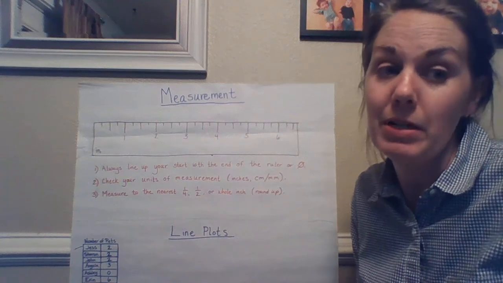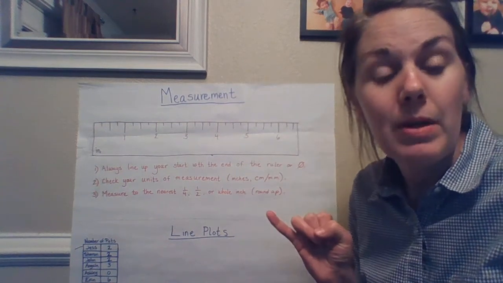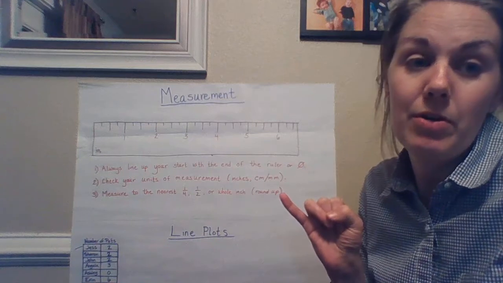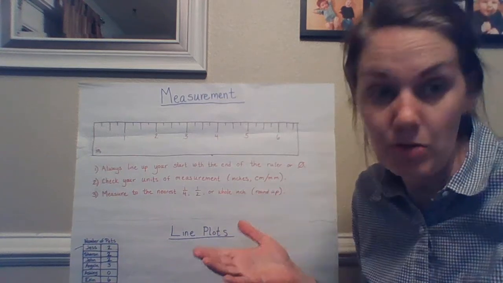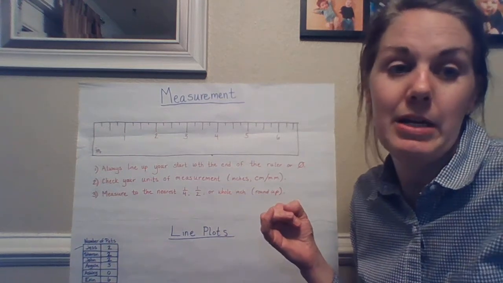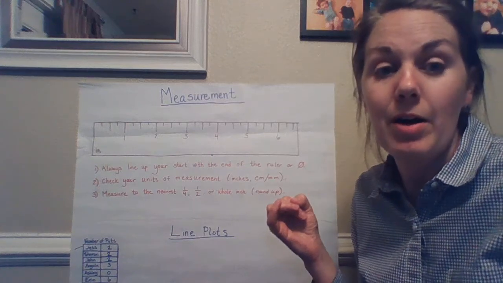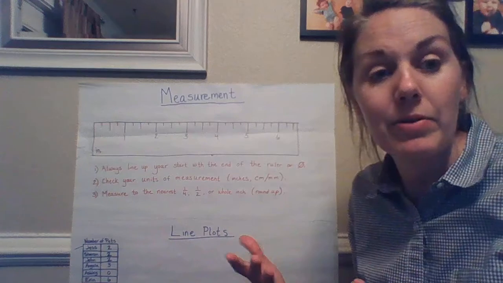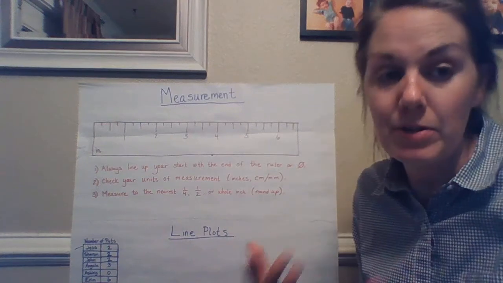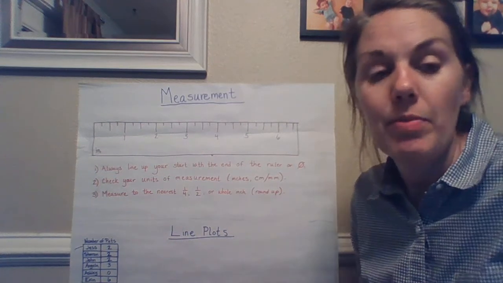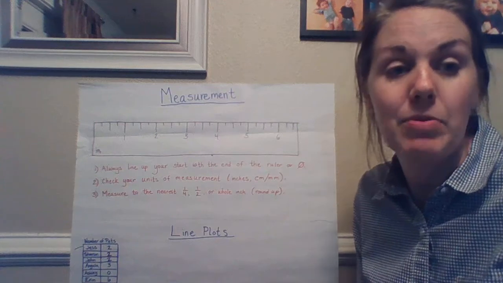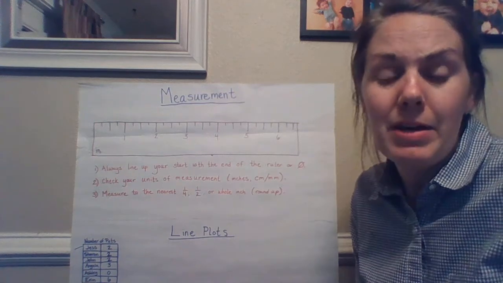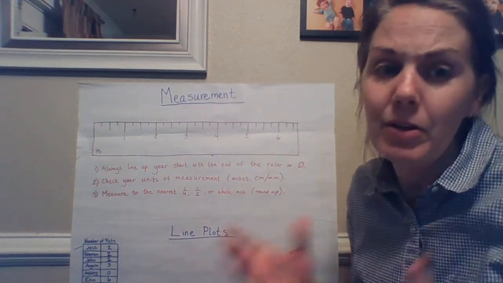So if you are dealing with volume, measuring it in terms of cubic units. If you are measuring it in terms of length, measuring it in inches or feet or miles or centimeters, millimeters, meters, whatever the unit of measurement is, you want to make sure that you're comparing them, because all of them are a little bit different.